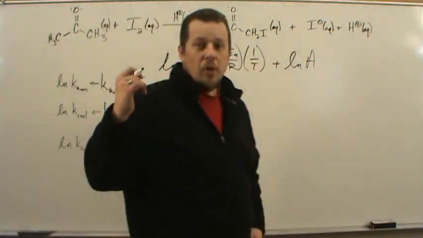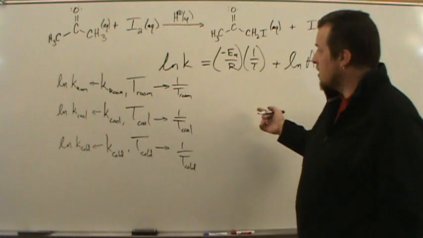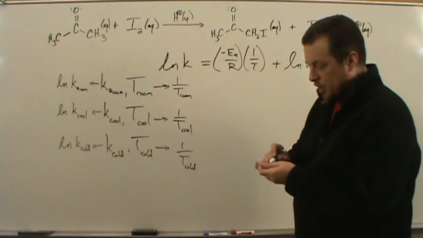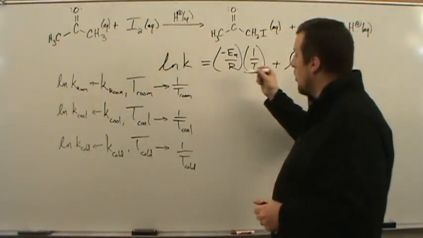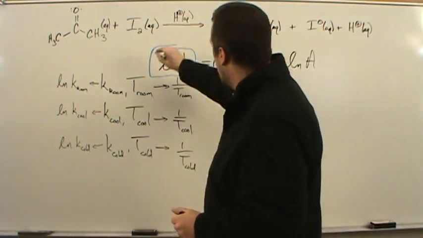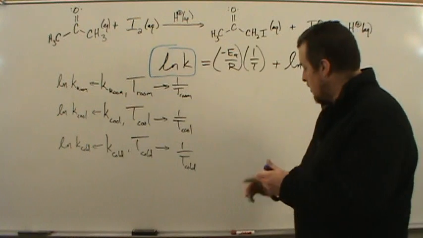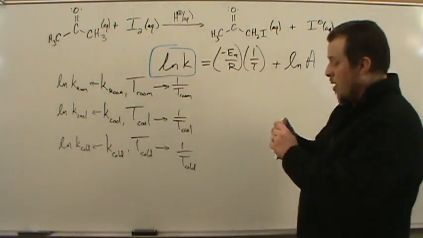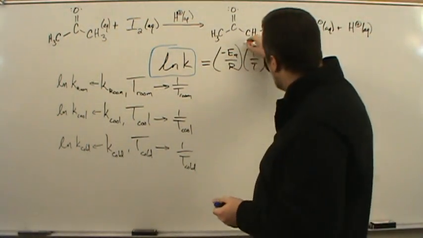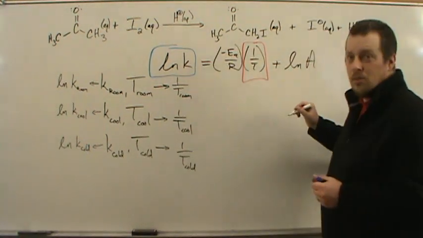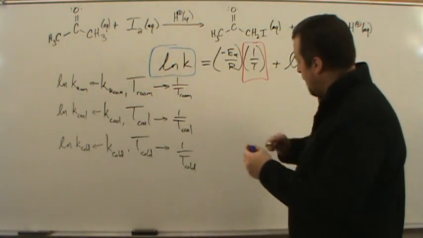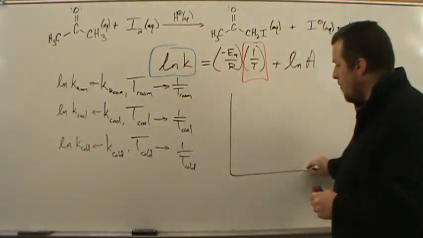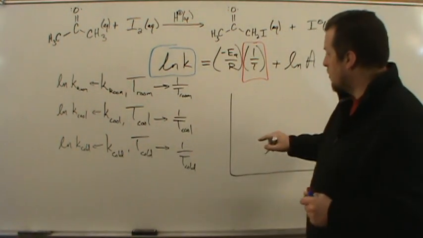The advantage of doing this is now if we make ourselves a plot, and what's our plot going to look like? We've got linear form, so this is y equals mx plus b. So if we make a plot of what's y?